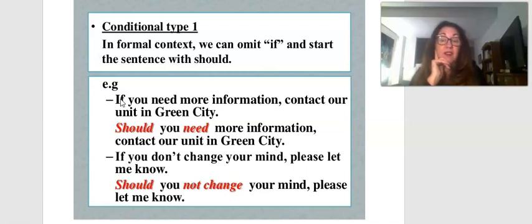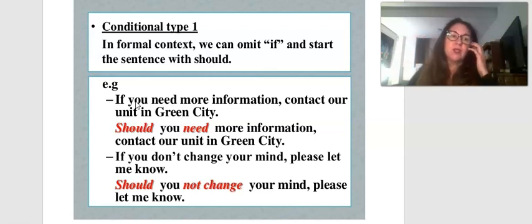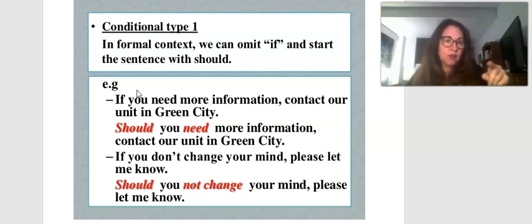And as they are inverted, we have to put the subject, in this case, you, after the auxiliary. Remember that in inversion of order, the order of the words looks like a question, okay? Like auxiliary and subject. Do you, have you? Well, that is the inverted order. In the case of conditionals type 1, I need to make an inversion with should.